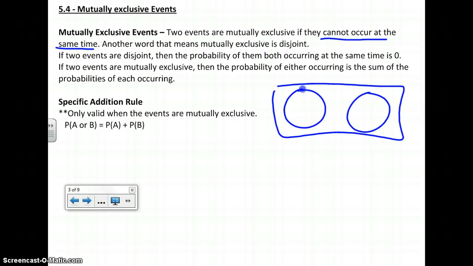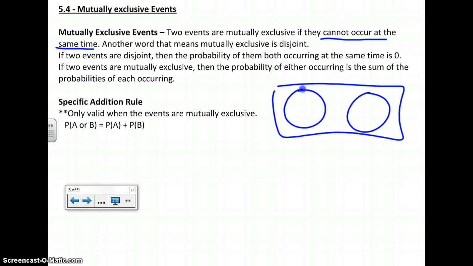If 2 events are disjoint, then the probability of them occurring at the same time is 0. So if you have 2 Venn diagrams that look like this, they've got no overlap, so the probability of overlap is 0. For example, you can't draw a heart that is a diamond. Those would be mutually exclusive.